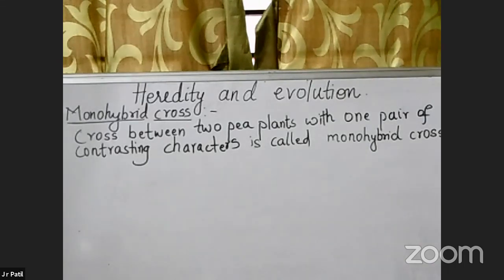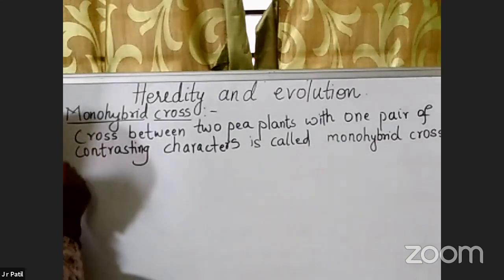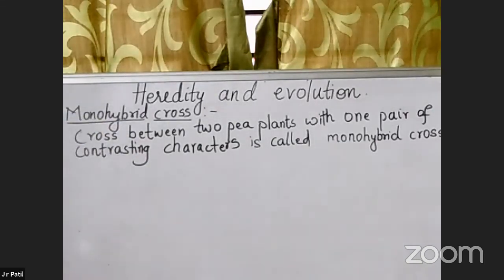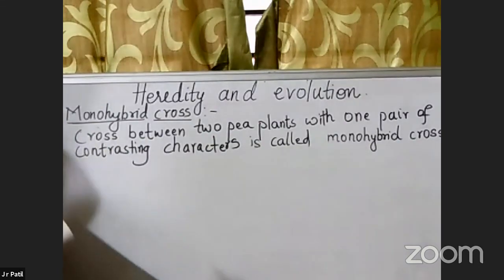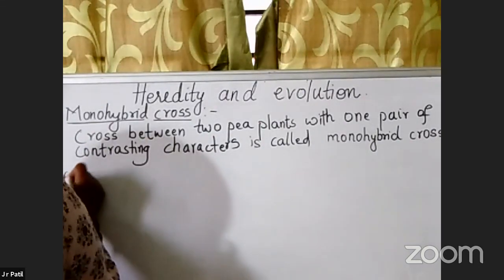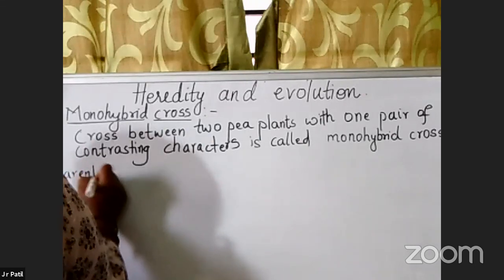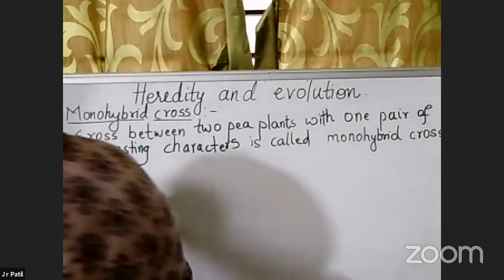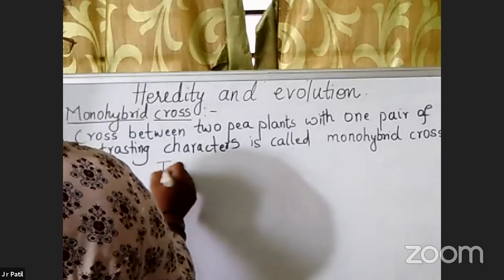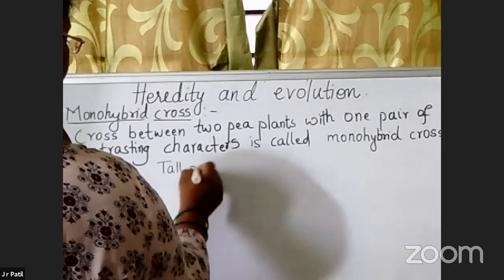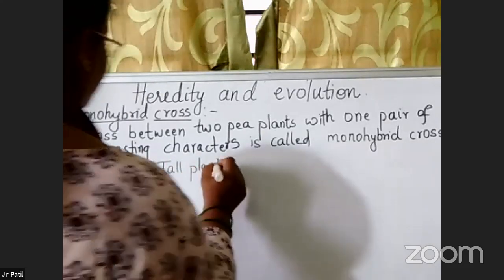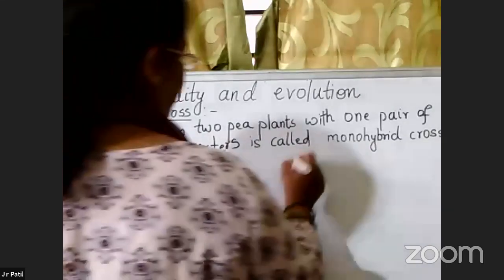Now, in a monohybrid cross, the parent plants are: one is a tall plant, the other is a dwarf plant.